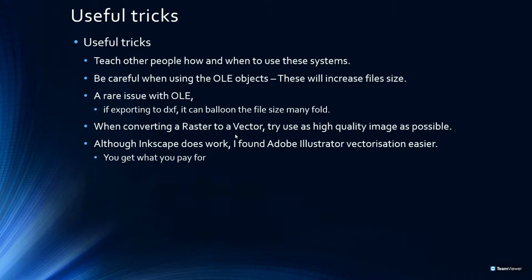And lastly on my list here is, although Inkscape does work, I have found Adobe Illustrator's vectorization far easier and far faster to use. So if you've got it, use it. The process is very much the same, and the terminology is very much the same. So what we're doing is using that masking to grab it and then using the conversion to put it across.